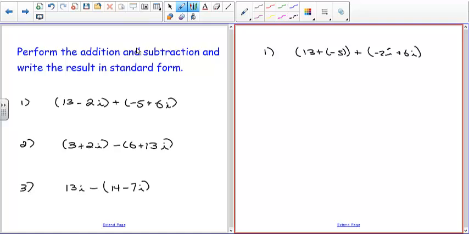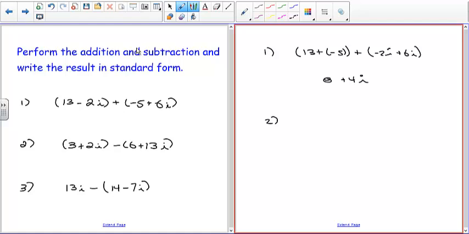And in this case, i is kind of like x in that we have each thing multiplied by i. So we just add the coefficients in front. So here we have 13 plus -5, which would be 13 minus 5, which is 8. And then we have -2 plus 6, or 6 minus 2, which is 4, and i. So that's the answer for the first one.